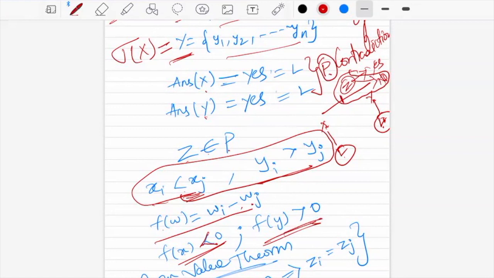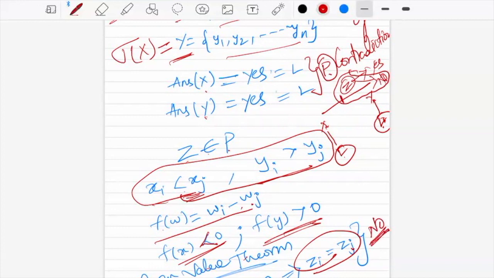So through the mean value theorem, f of z will be 0, which means zi is equal to zj. That means both the elements are not distinct, the elements are the same. So in this case, we will get no as an output.